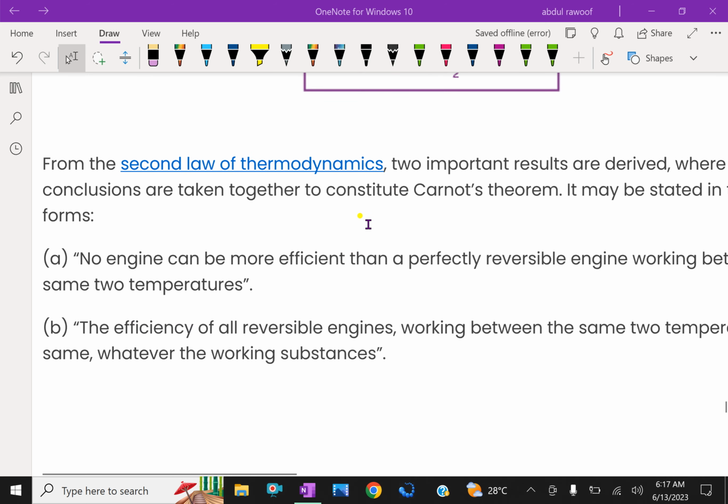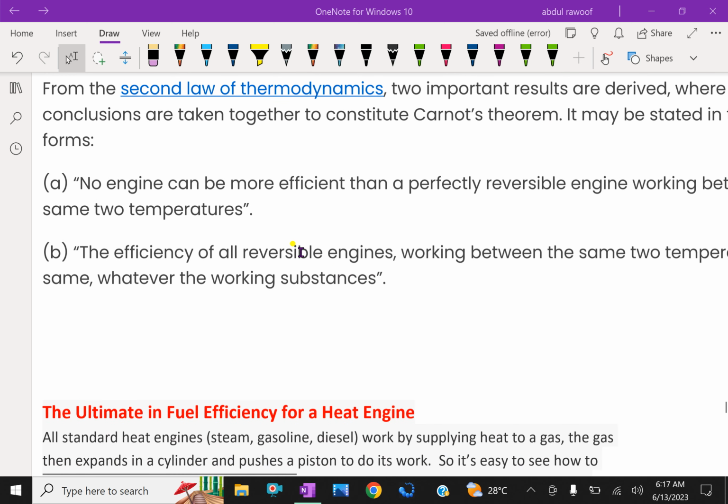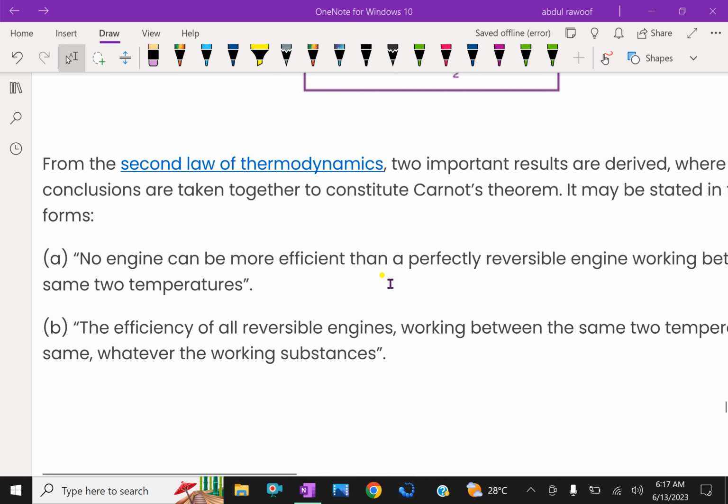From the second law of thermodynamics, two important results are derived, and these conclusions taken together constitute the Carnot theorem. It may be stated as follows. First, no engine can be more efficient than a perfectly reversible engine working between two temperatures, that is the Carnot efficiency.